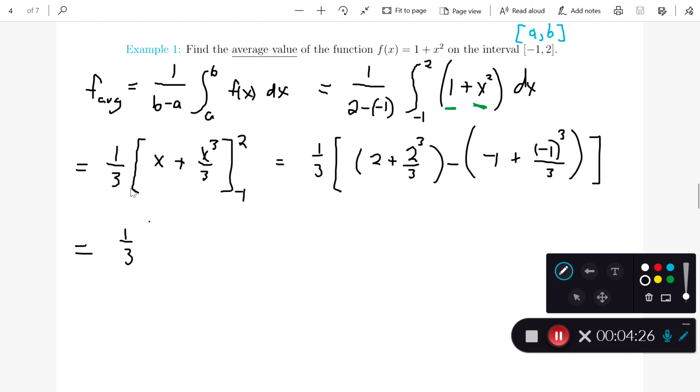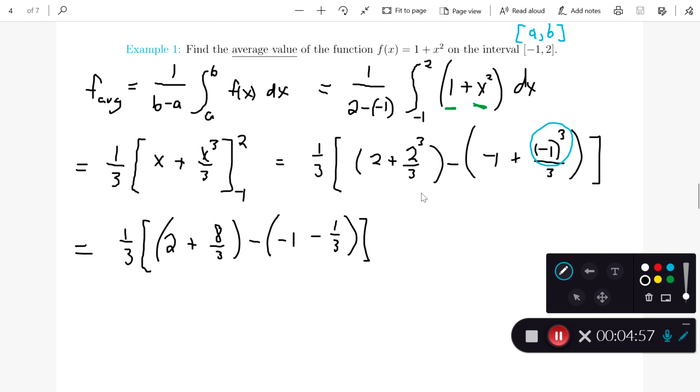So we've got 1/3. 2 plus 2 cubed is 2 times 2 times 2, so that's 8 over 3. Now with this part, we need to be careful about the minus sign. So we've got a -1. Now, -1 cubed, that's -1 times -1 times -1. So the result is a -1. And of course, you still have the 3 in the denominator.